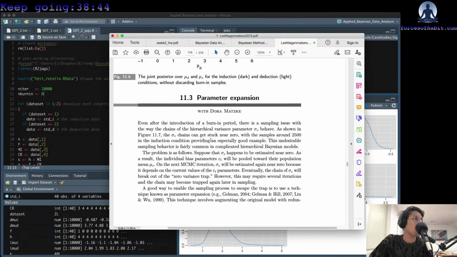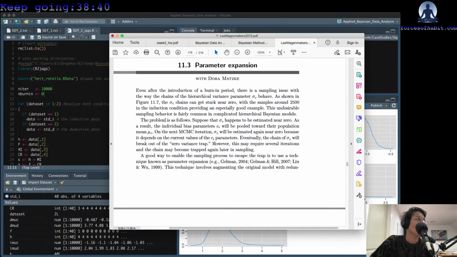All right, parameter expansion. This is what's called a trap.